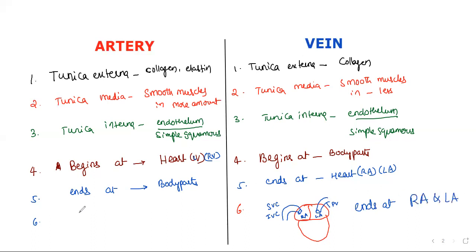Next, arteries begin from ventricles. Who is beginning from the right ventricle? Pulmonary aorta. And from the left ventricle, who is beginning?